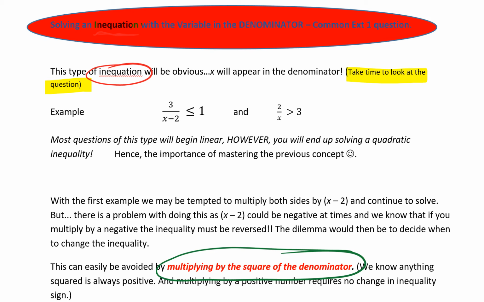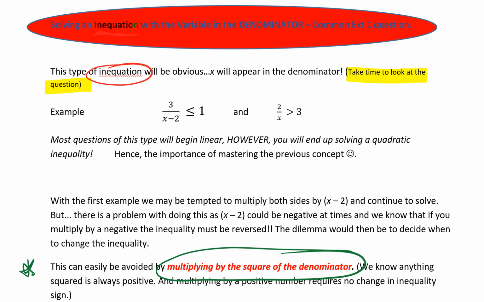So we don't need to change the inequality sign in this particular step. So yes, it will remove the denominator, and no, it won't require a change of inequality. This would be the critical thing for you to be able to make the connection to.